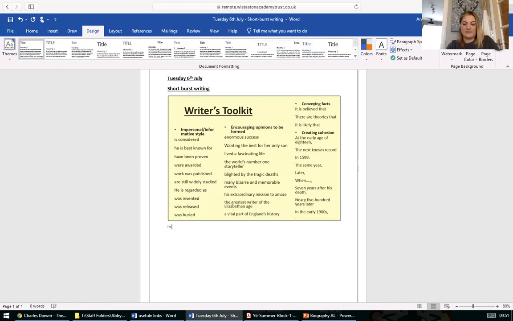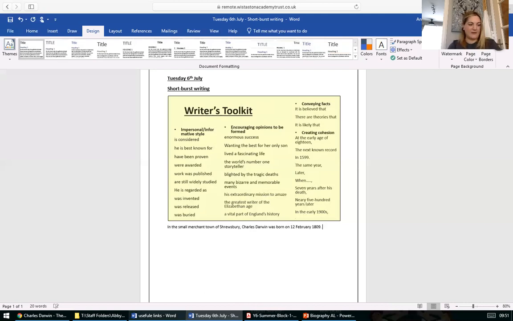So I'm going to start my sentence in the small merchant town of Shrewsbury, Charles Darwin was born, and then I can list a date. Charles Darwin needs a capital letter for his name. On the 12th of February, 1809.